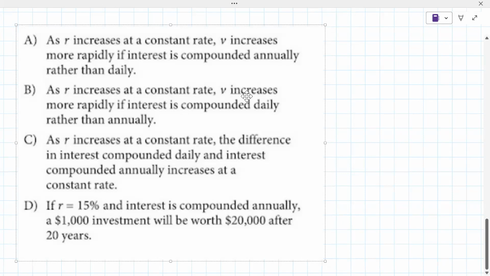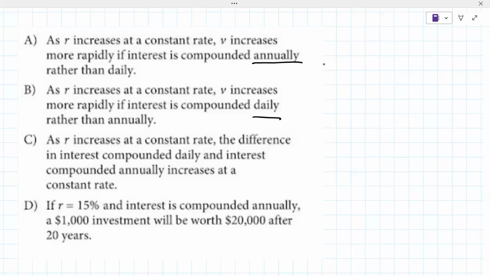B: As R increases at a constant rate, V increases more rapidly if interest is compounded daily rather than annually. What's the difference between A and B? You can read them one more time if you need. One's annual, one's daily. That's the only difference.